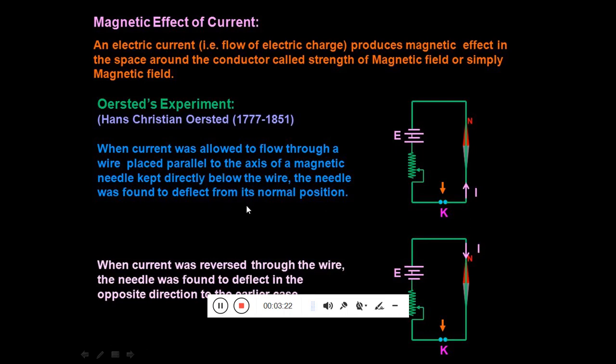The needle was found to deflect from its normal position. When current was reversed through the wire, the needle was found to deflect in the opposite direction to the earlier case. So this experiment, called the Oersted experiment, proved that magnetic field can be produced by electric current.